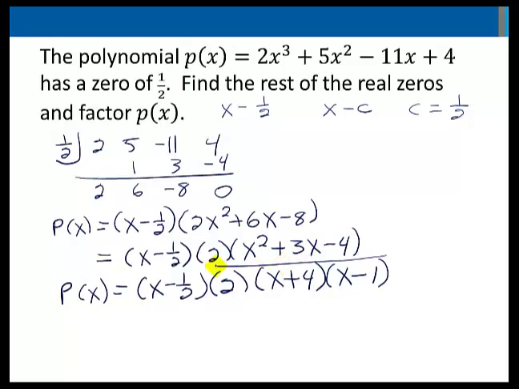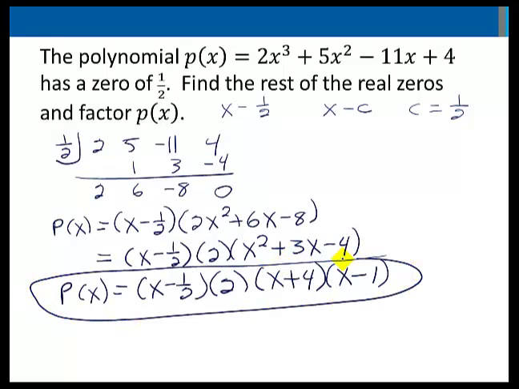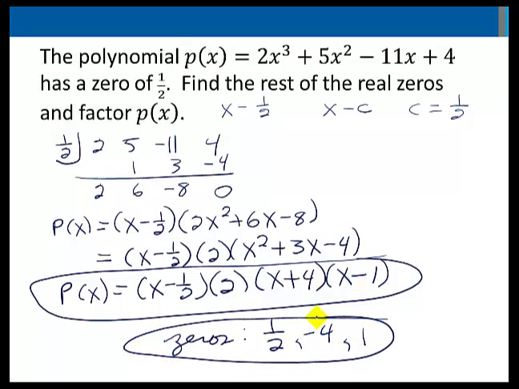Okay, so here is p of x factored. I can look at p of x and figure out what the zeros are there. I have a zero of 1/2. The factor of x plus 4 will give me a zero of negative 4. The factor of x minus 1 will give me a zero of 1. So my zeros are 1/2, negative 4, and 1.